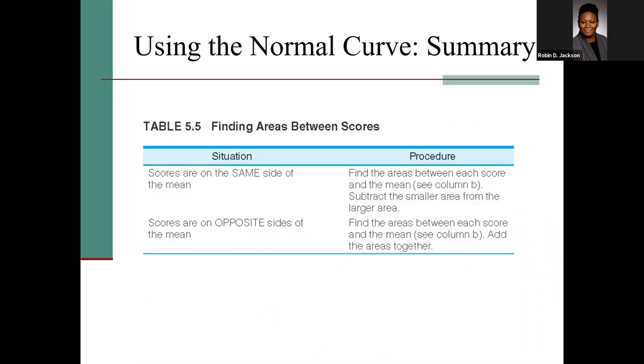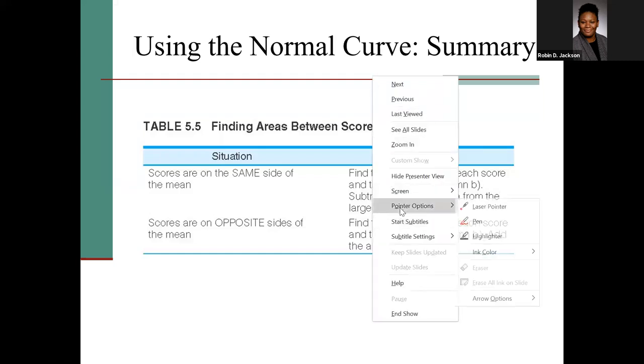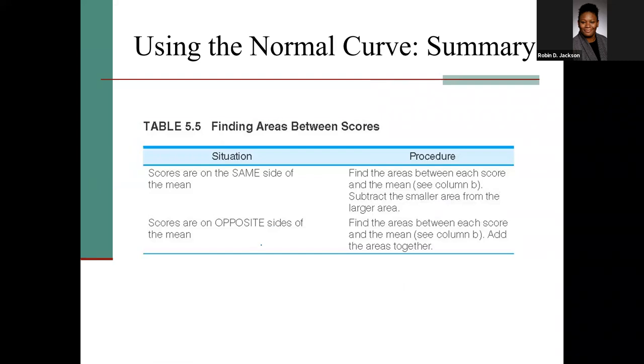Okay, now this is that one where I was talking about finding the areas between the scores. These are the situations. If you have something where your scores are on the same side of the mean, this is the first one. Here's your mean, and here's score 1.